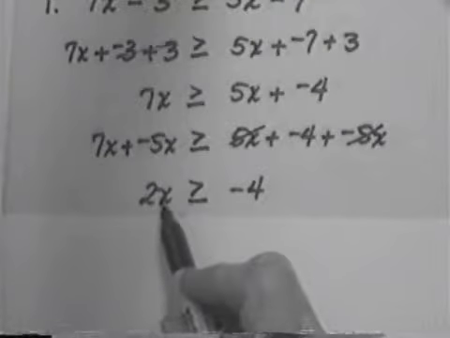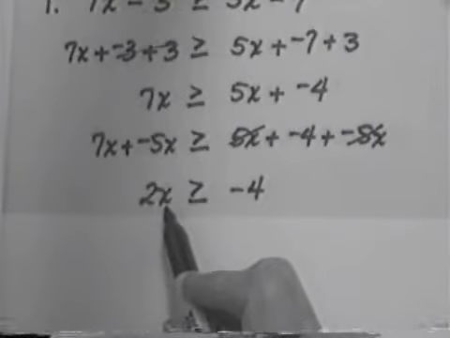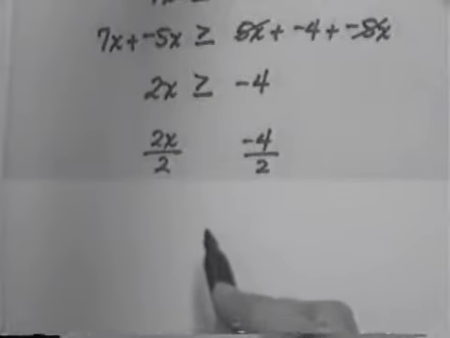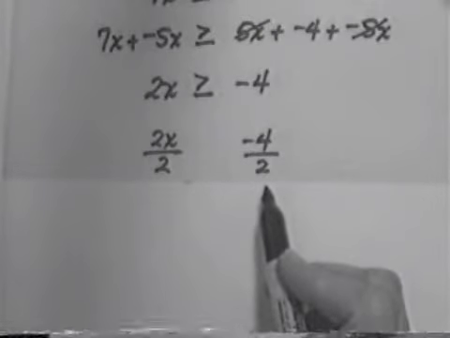Now the only thing left is to remove the coefficient of the variable. To do that, we divide both sides by 2. And so I'm copying 2x, negative 4, and divide both sides by 2.